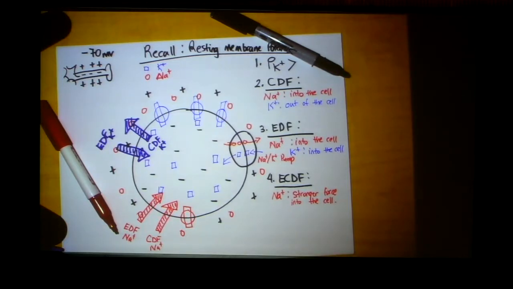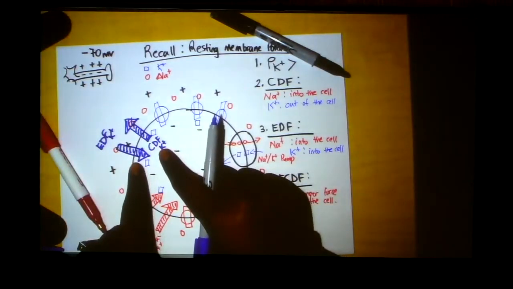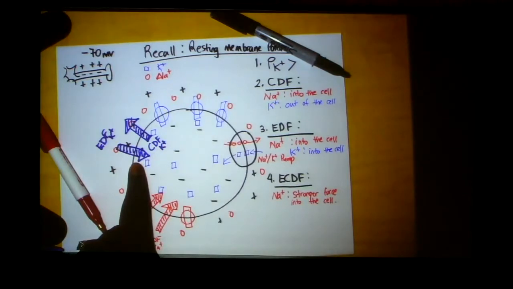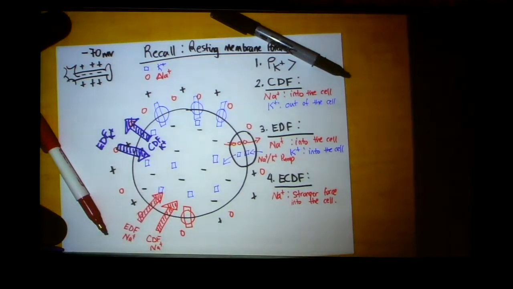So that will tell you what the magnitude will look like. It will not be as strong as sodium's ECDF, simply because we have forces going in opposite directions. So we'll subtract the weaker force from the stronger force, which will give us a smaller magnitude, and then the overall direction will be in the direction of the stronger of those 2 forces, okay?